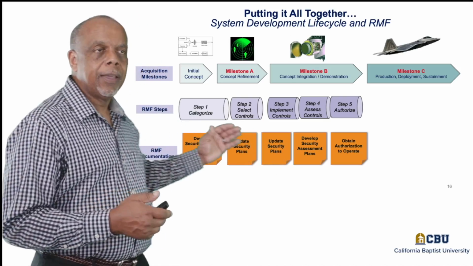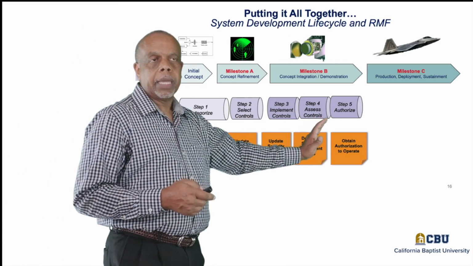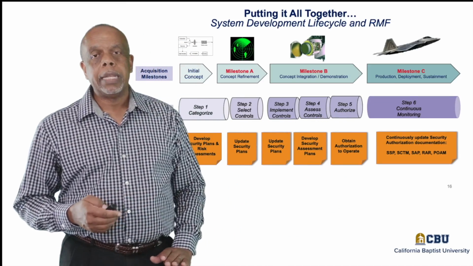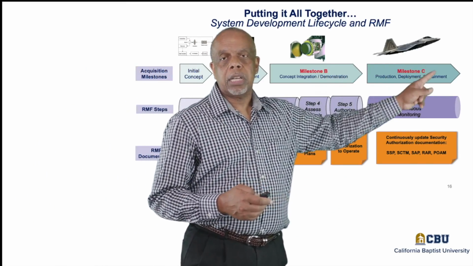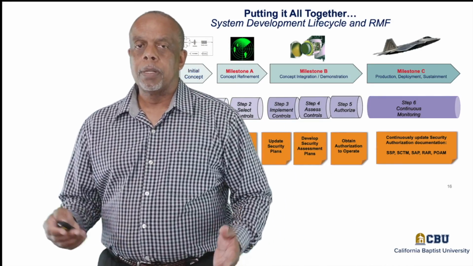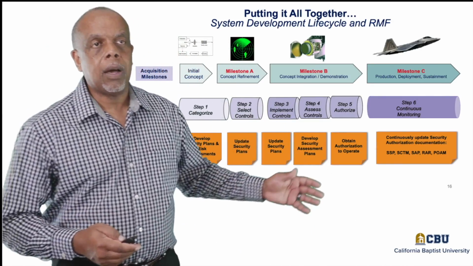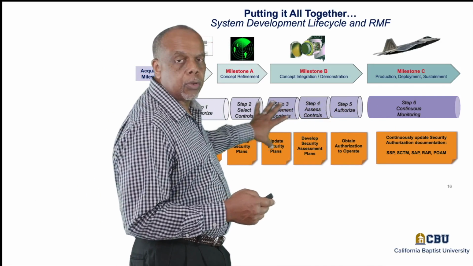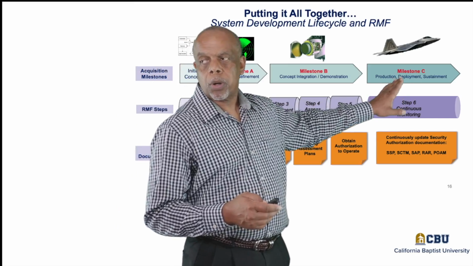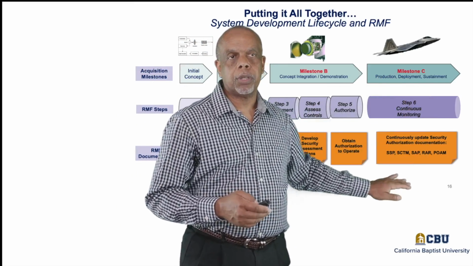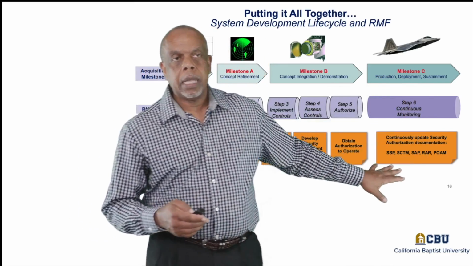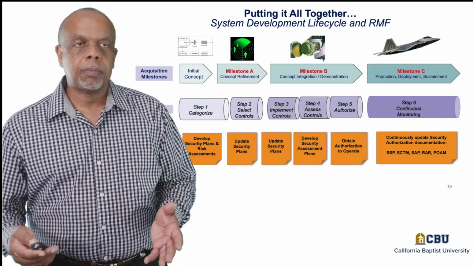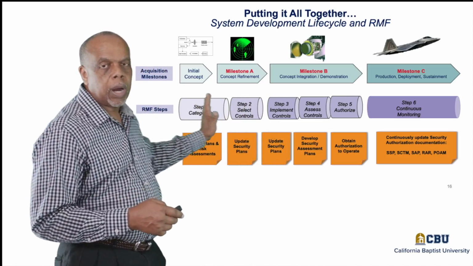So that's how these 5 steps should be coming into play as we go through that system development life cycle. So when we hit step 6 and our company starts to sell this product to the Department of Defense or to the federal government, now we can start doing continuous monitoring, because we want to be sure that the controls we've put in place are still working, and we're able to continuously monitor those as we update our authorization documents, whether it's our system security plans, our traceability metrics, all the things that are required to get this together.